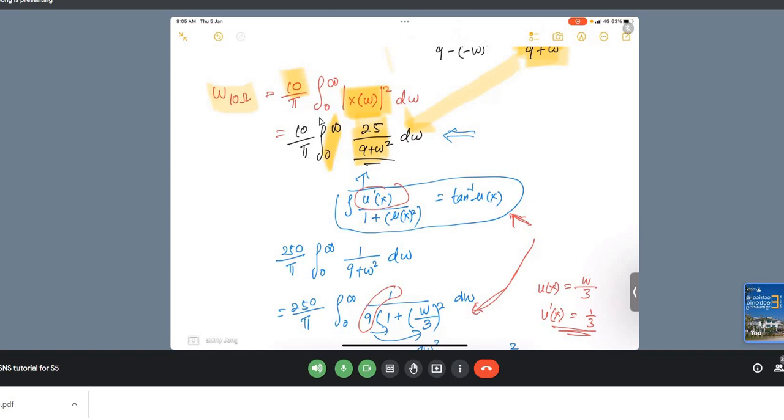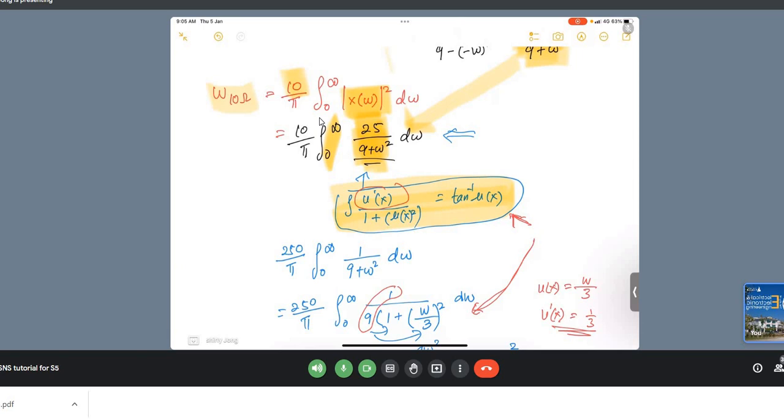In order to solve using this integration, there's a formula. This is the formula. To use this formula, you need to fulfill its format.